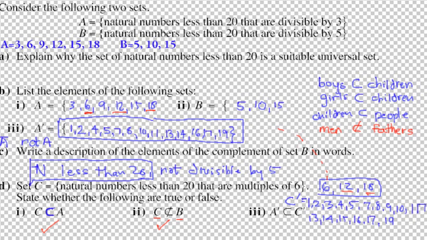Yeah, that's 11, and then I bumped the scroll bar, made a bit of a mistake, but that's just 11. 13, check. 14, check. 16, check. 17, check. 19, check. So yes, A prime is a subset of C prime. Every number that is not divisible by 3 is also not divisible by 6. So that one's all right.